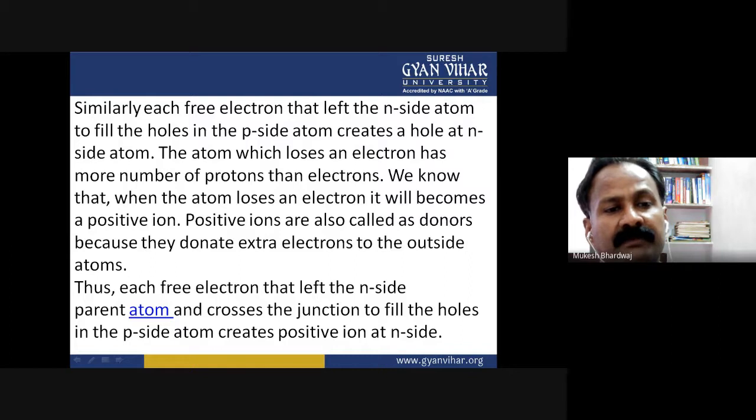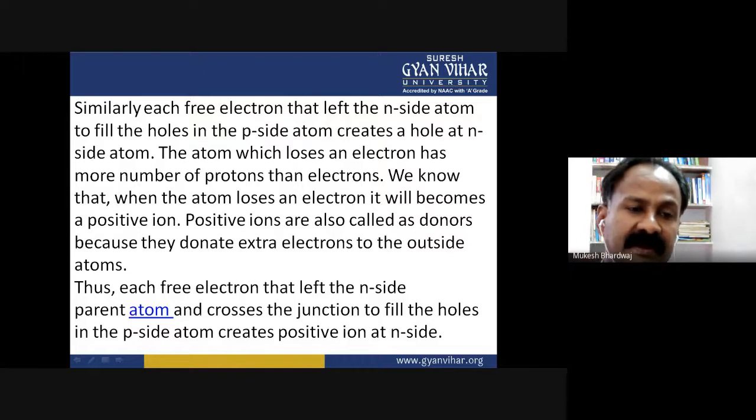We know that when an atom loses an electron, it becomes a positive ion. Positive ions are also called donors because they donate extra electrons to the outside atoms. Thus, each free electron that left the n side parent atom and crosses the junction to fill the holes in the p side atom creates a positive ion at the n side.